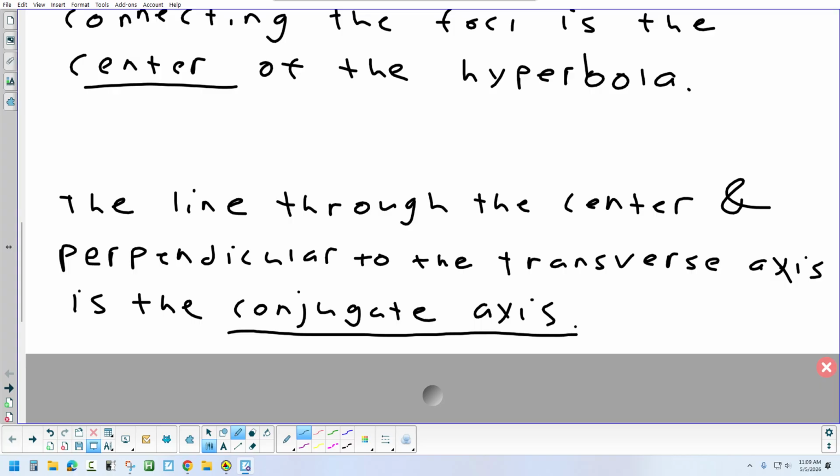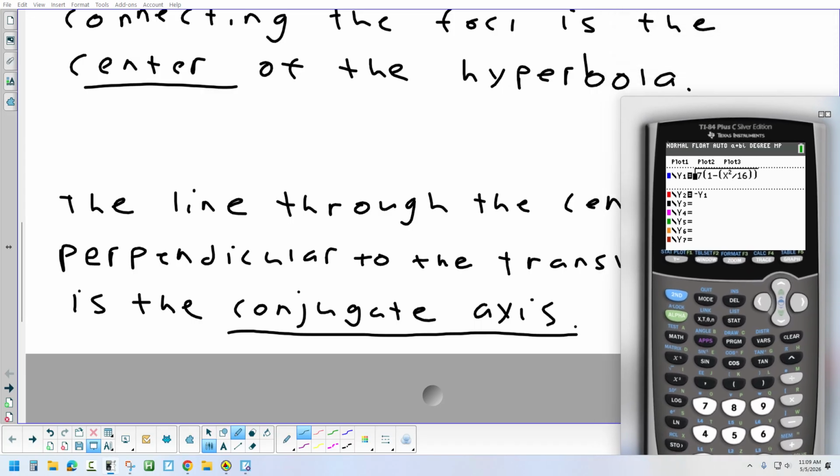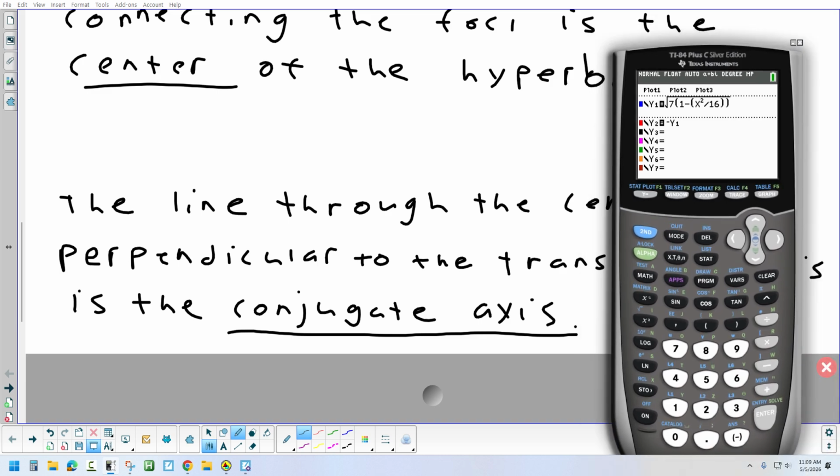Now, technically, you've already seen a hyperbola. Okay, we've done hyperbolas before this year. We haven't done them the way we're doing them right now. But when we graph something like this, 1 over x, that's a rational function. That is a hyperbola. The difference is this hyperbola is on an angle.